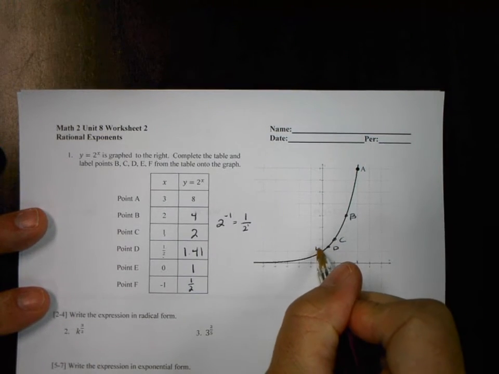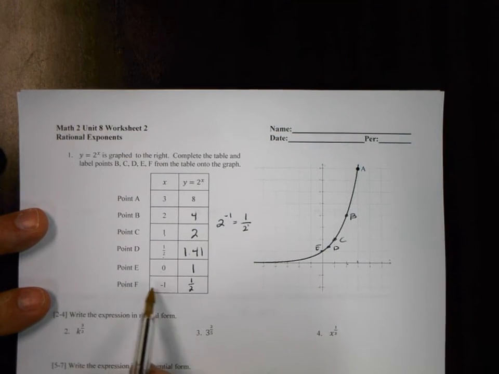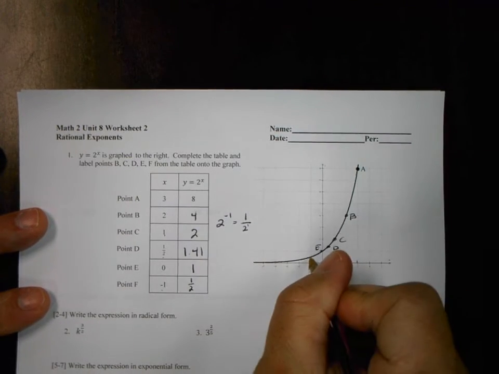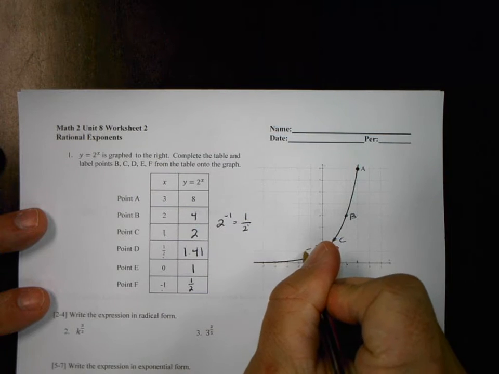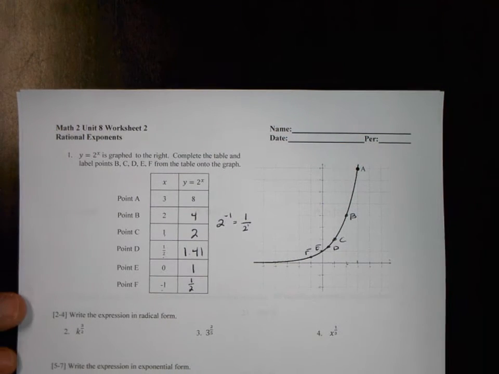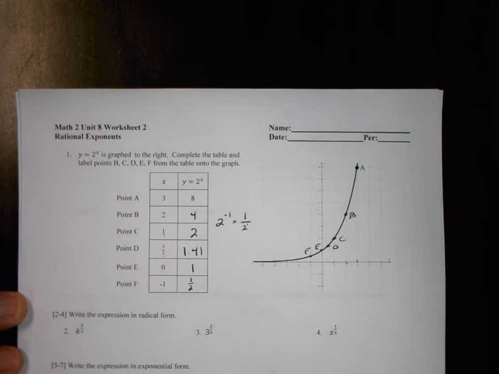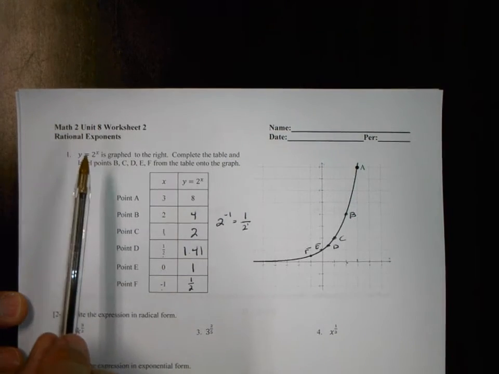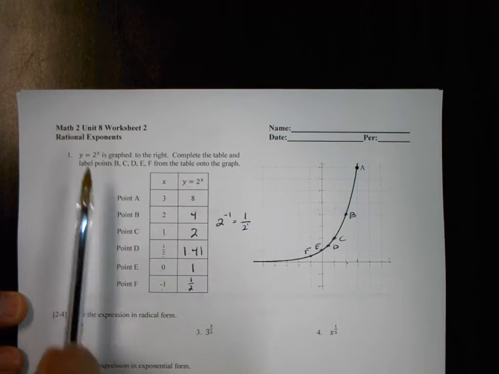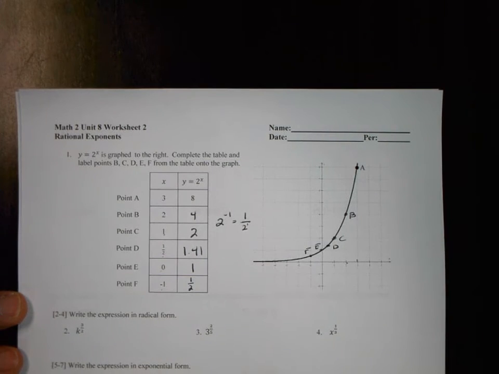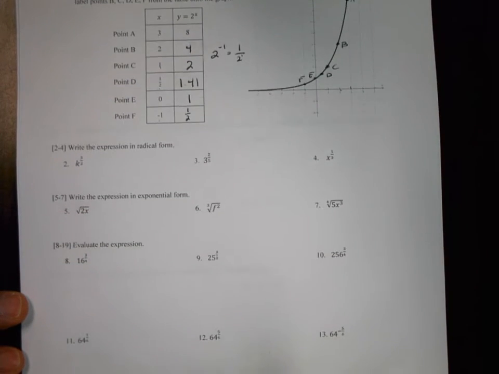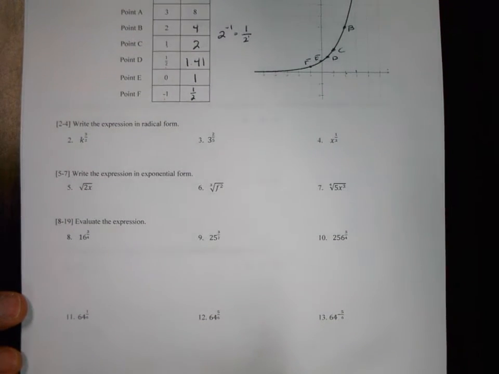It's right there. And of course, point F is (-1, 1/2), and it looks perfect right there. That's just a little reminder to help you remember that every equation, no matter what the equation is, can be graphed some way.